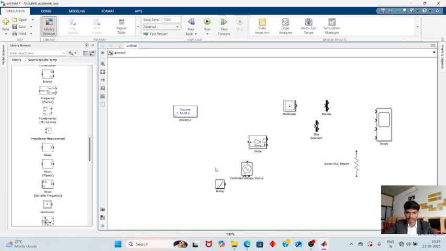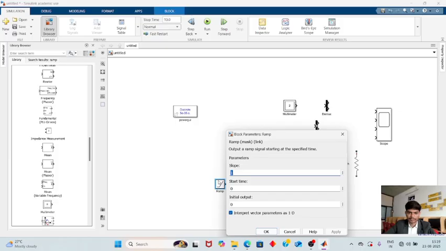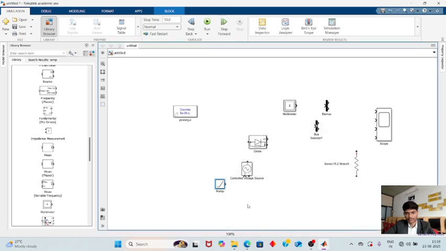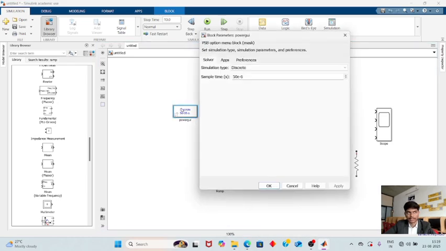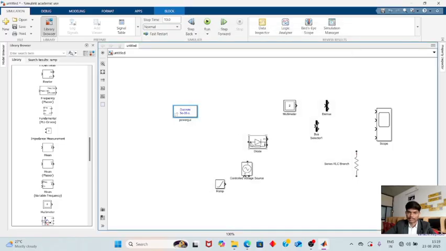Click on the ramp function. We require its slope 1, start time 0, and initial output 0. Then click on the power gui. We require simulation type discrete. Then click on the control voltage source.